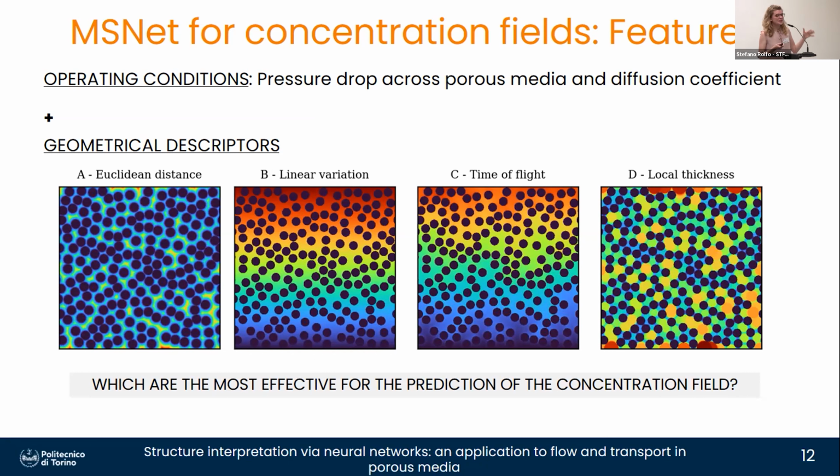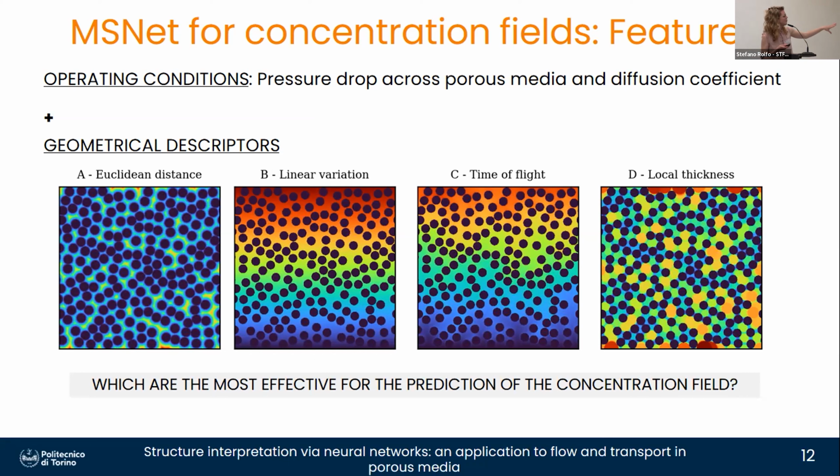But as you can imagine, the concentration field is really related to the inlet boundary of the chemical species. So it is necessary to inform the neural network about the distance from the inlet boundary. This can be done with a simple linear coordinate variation, or in a much more descriptive way with the time of flight.